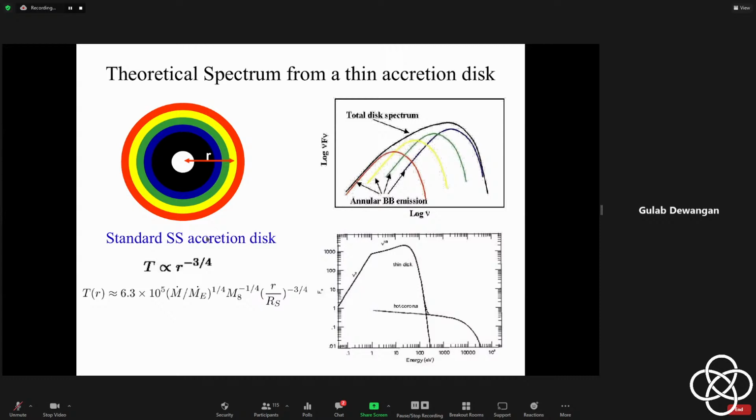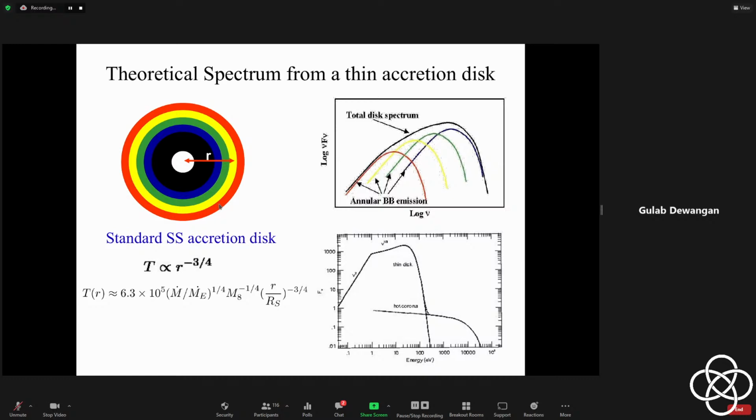And because the temperature varies as a function of radius, the accretion disk can be divided into a number of annuli, and for an annulus with a very small width, one can assume it to be at a single temperature and emit like a black body. And then different annuli will have different temperatures according to this formula, the temperature proportional to R to the power minus 3/4.